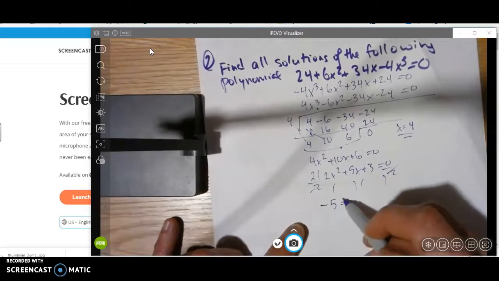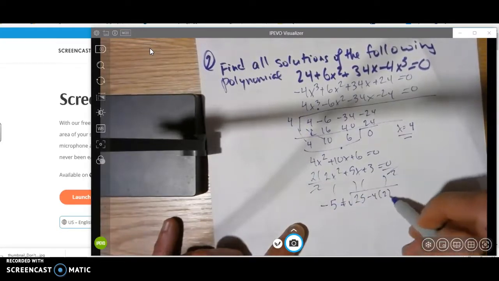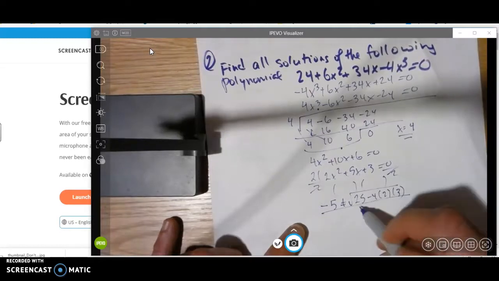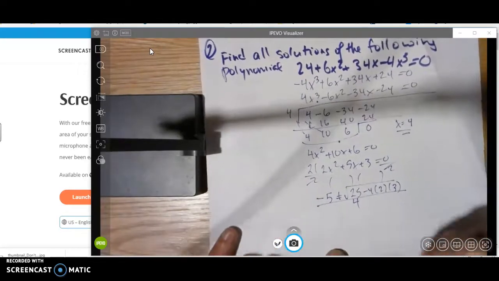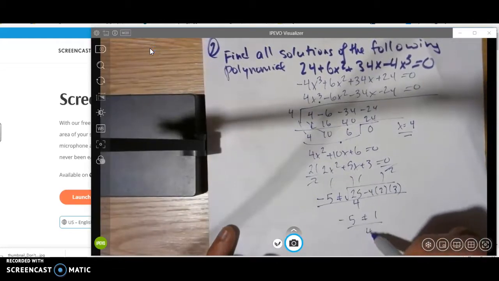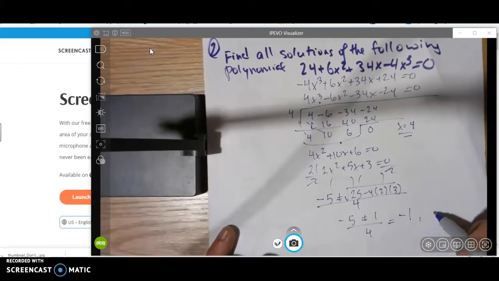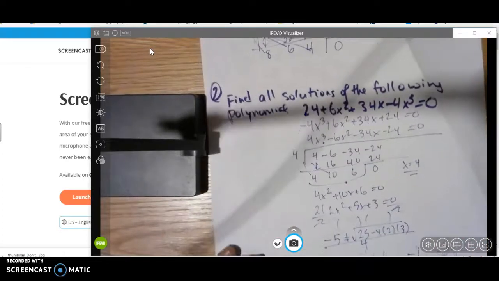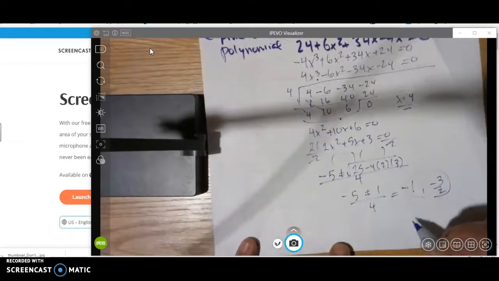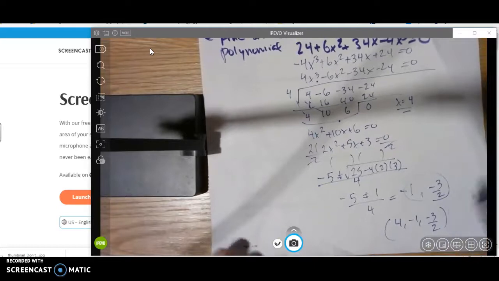So we have negative 5 plus or minus the square root of 25 minus 4 times 2 times 3, all over 4. So that's going to give us negative 5 plus or minus 1 over 4, which gives us negative 1 and negative 3 over 2. So our 3 zeros to this problem are 4, negative 1, and negative 3 over 2. And those are our 3 answers for that one.